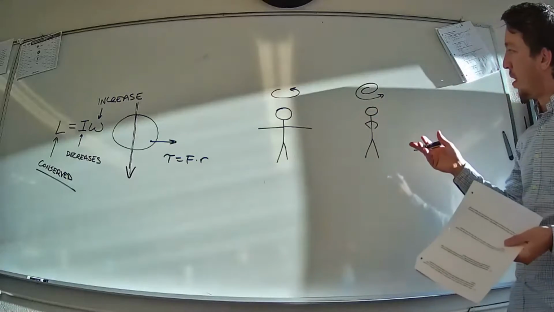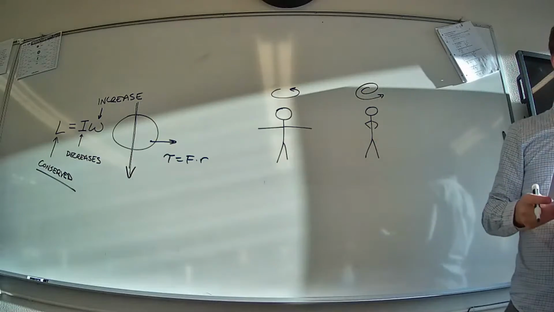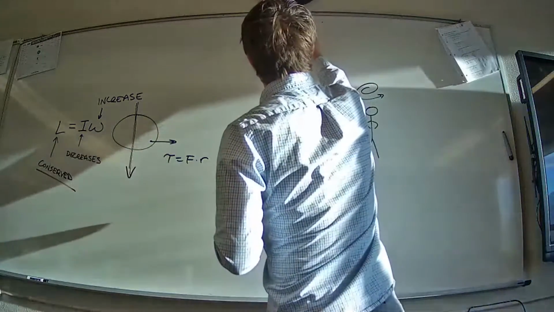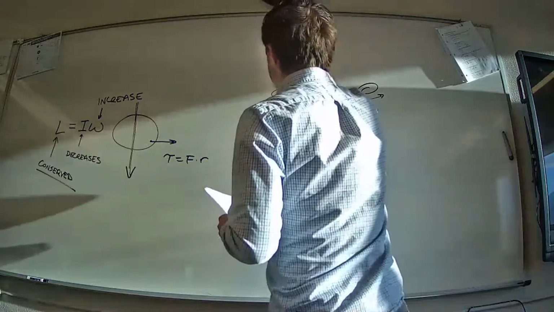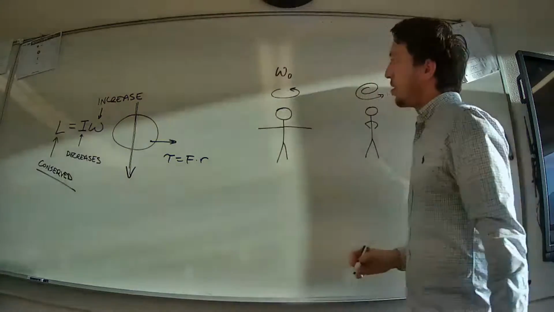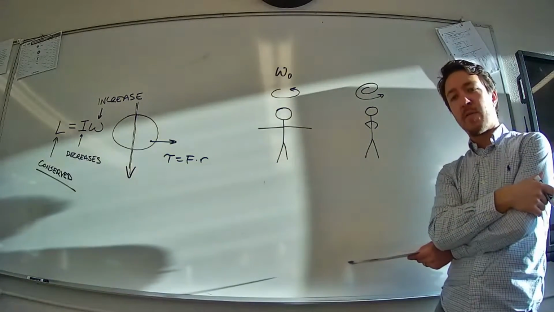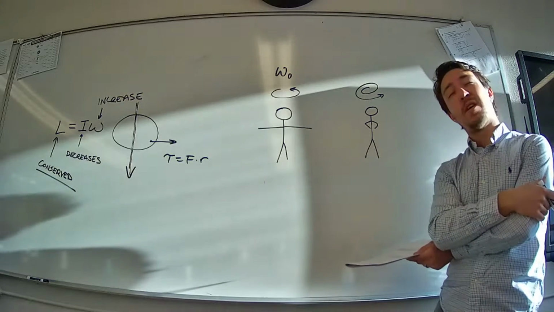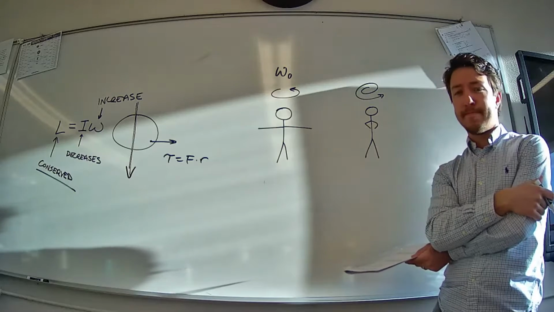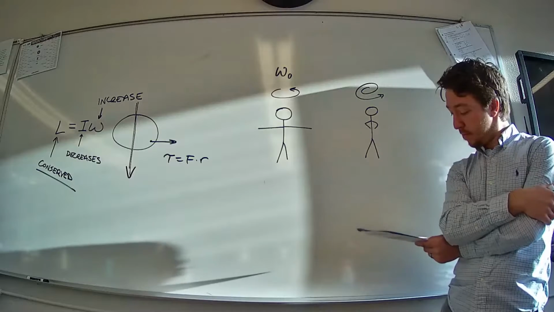So the question is, what's the relationship between his I values if his angular velocity increased by 40%? So let's call this maybe omega naught. If his angular velocity increased by 40%, what's his new angular velocity? Anyone?